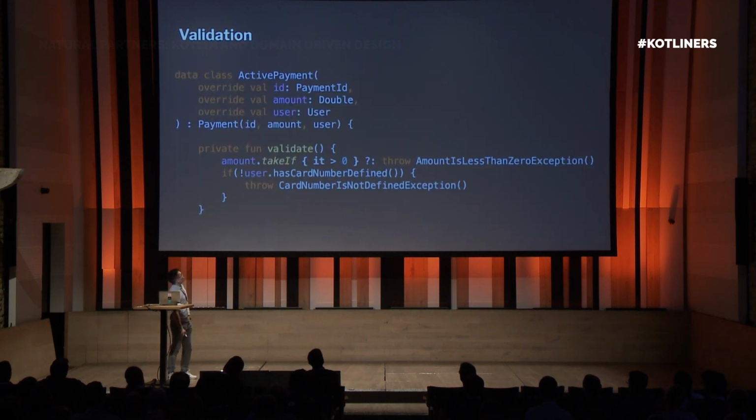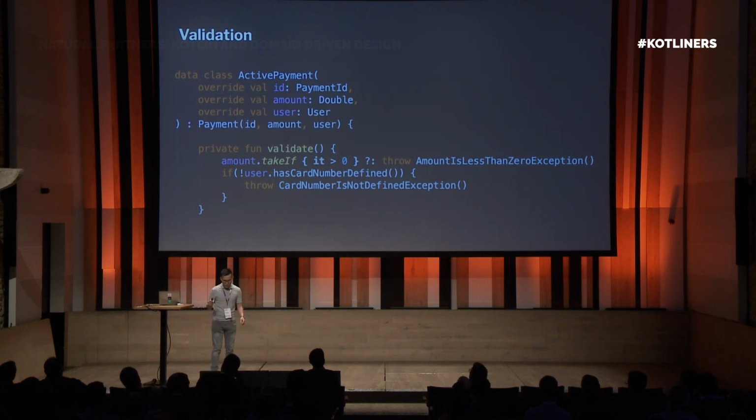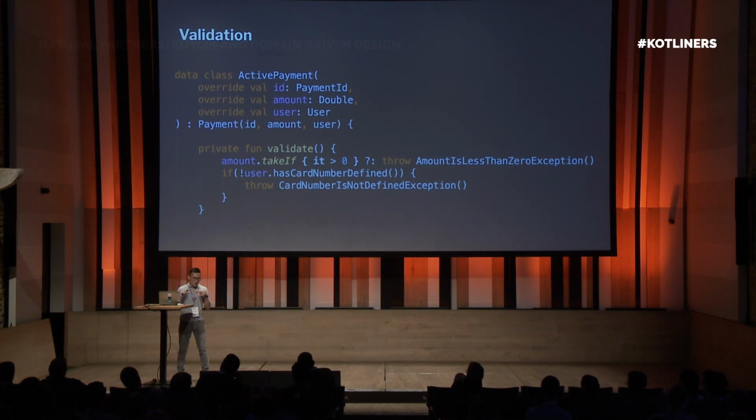So, as I promised before, let's talk a little bit about validation in domain-driven design and how Kotlin helps there. Basically, this is the function validate. It's very important to take care of the validation itself, because you basically do that inside of the object itself. In our case of the payment, we would like to validate that the amount is more than 0, otherwise throw an exception, or that the user has a card number defined, and if not, throw an exception.